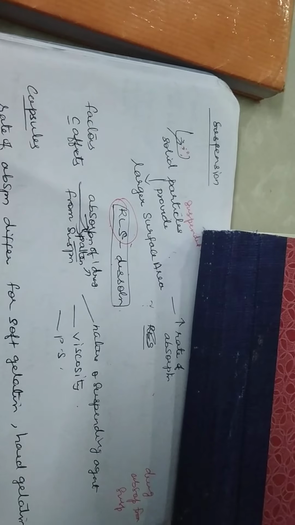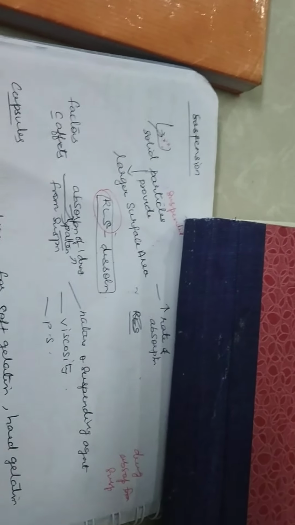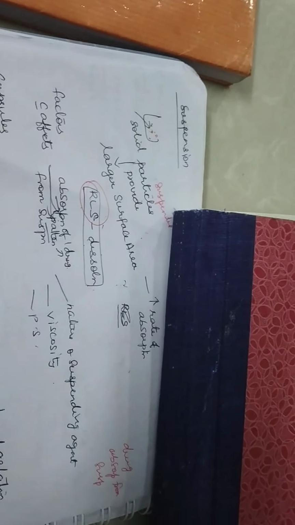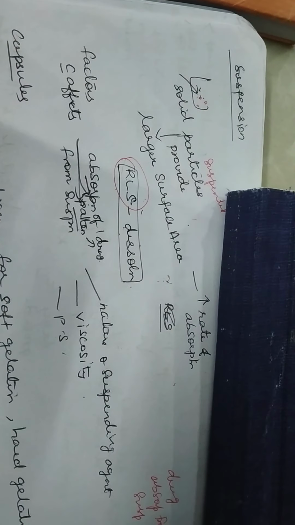For absorption of a poorly lipid soluble drug, any poorly soluble drug can be given in the form of an emulsion, so the absorption rate is improved. Coming to the third one, the suspension. A suspension is nothing but solid particles dispersed in a vehicle.